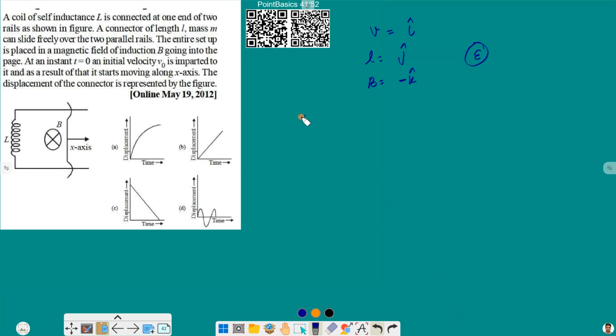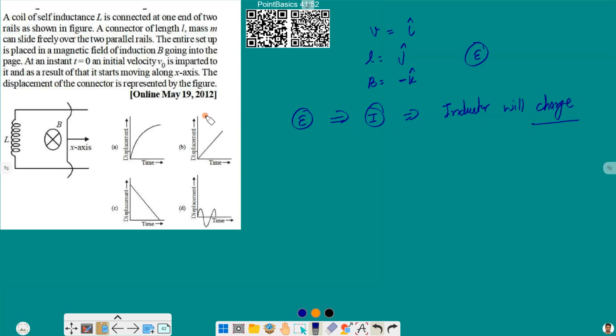So finally there will be an induced EMF, and due to that induced EMF there will be a current, and as we can see there is an inductor in this circuit. Due to this induced current, the inductor will charge.